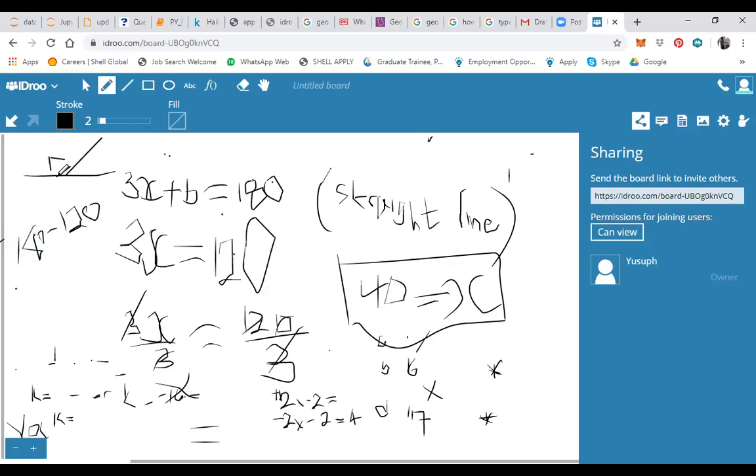If the whole of this is like you're having 180 naira with you, this portion is already 120. The other part will now be 180 naira minus 120 naira, and that will be 60.